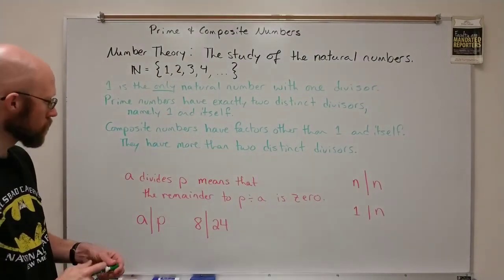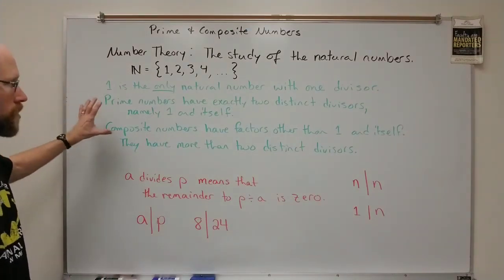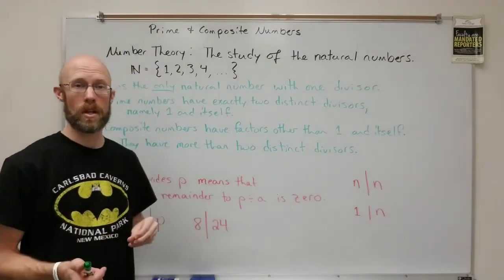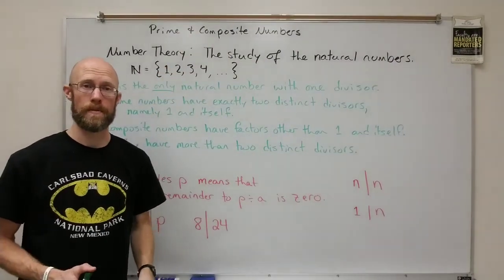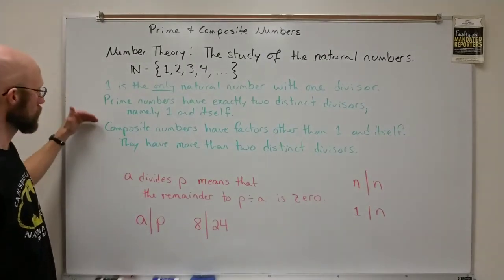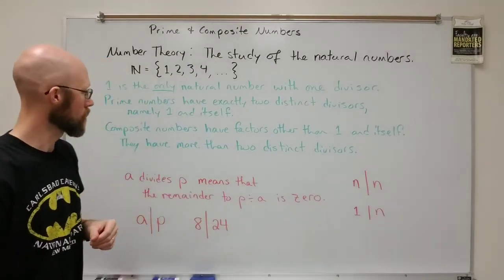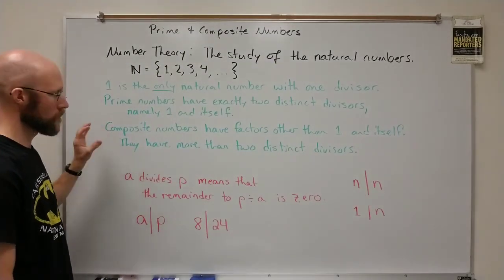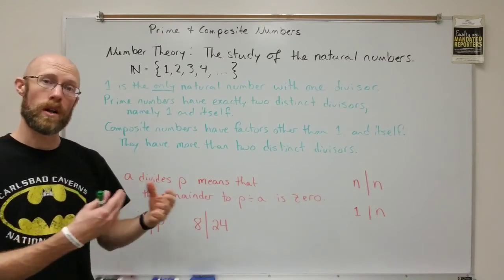Okay, so that gives you an overview of the 3 main categories that we're going to study here in our first section on prime and composite numbers. We're going to go in depth in both of these, as far as we can within reason. We're going to talk about different divisibility rules for composite numbers to see what numbers divide them.